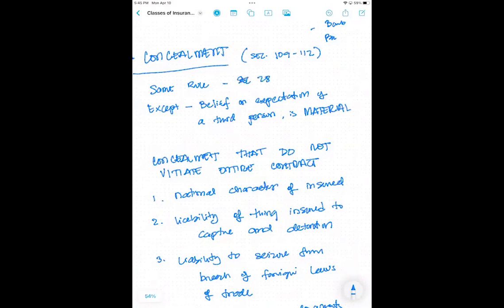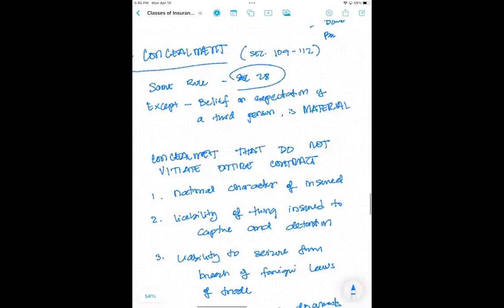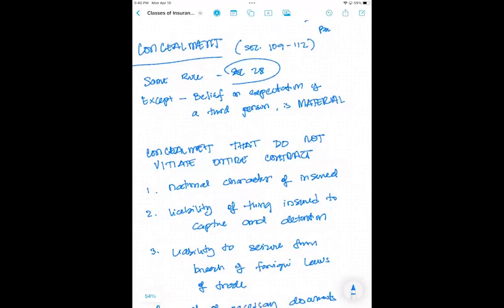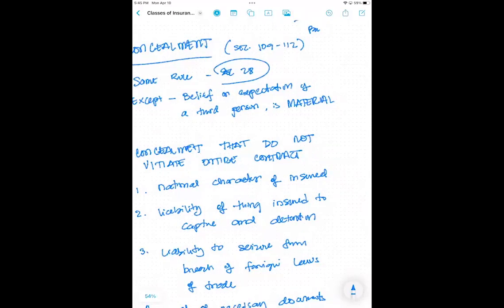So all the matters that are also required by section 28, and in addition, all other information possessed by the insured that is material to the risk.